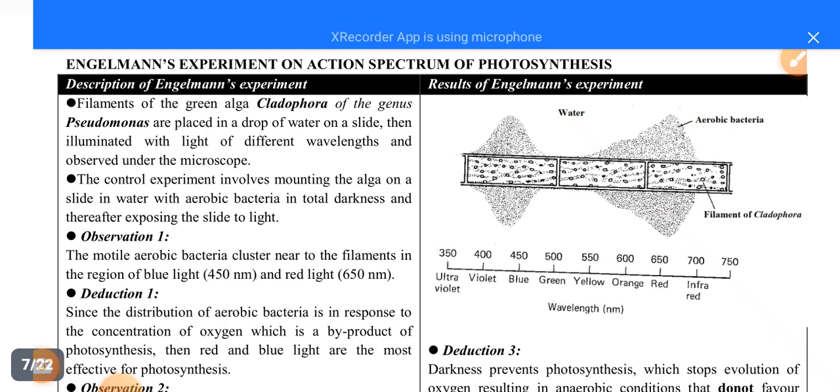And from there, let us look at observation 1. The motile aerobic bacteria cluster near the filament in the region of blue light.